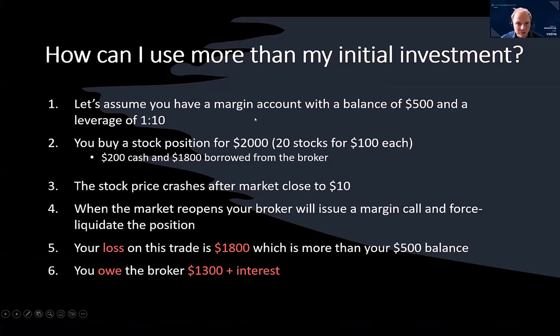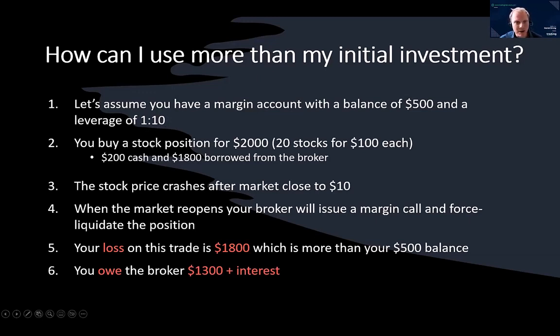It is possible because of what's called a margin account. A margin account is an account where the broker will give you a short-term loan to make bigger trades, bigger than your actual account balance, which has its benefits because you don't need to fund this account with too much money to make big trades. And depending on your leverage scenario, the broker will supplement your investment by a certain factor.